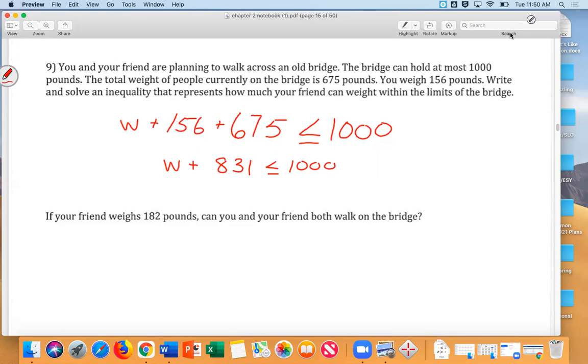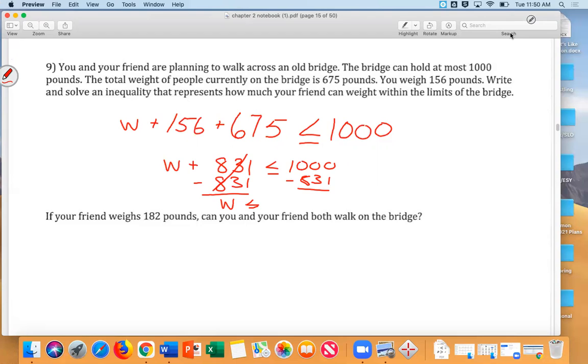Now, Mike, how do I solve this? What do I do? I need to subtract it. 1,000 minus 831? It's 169.